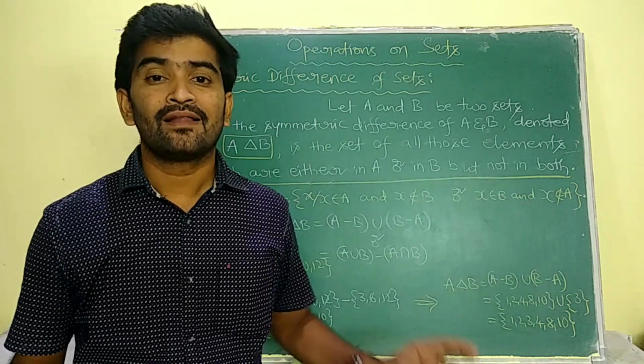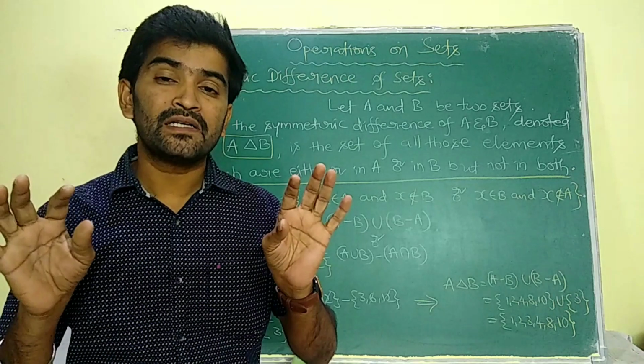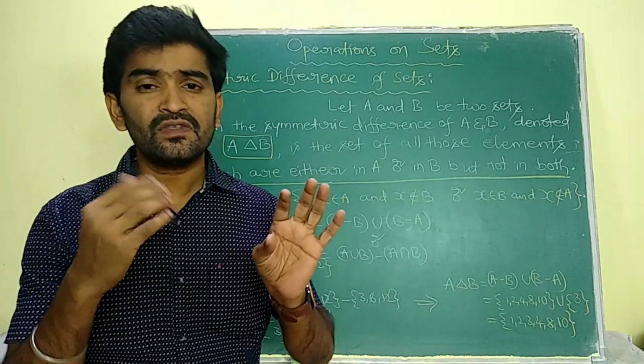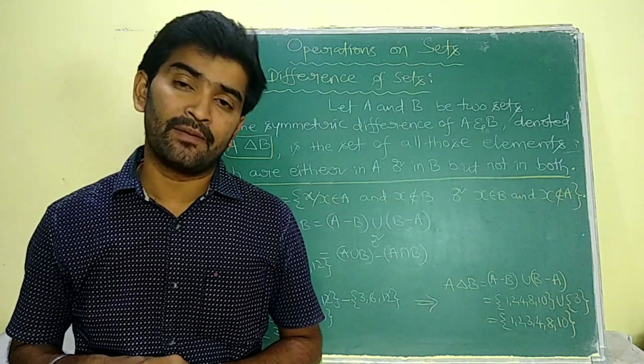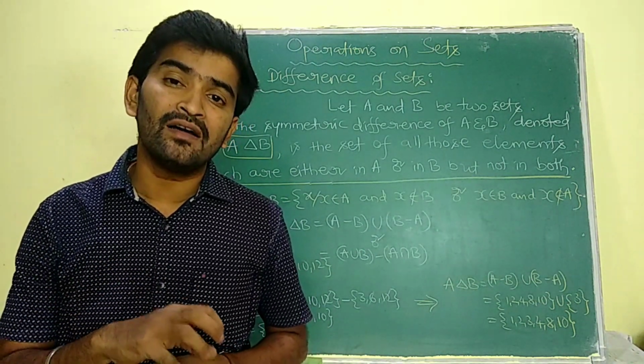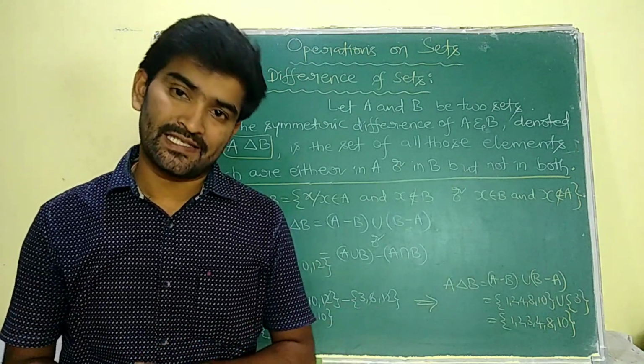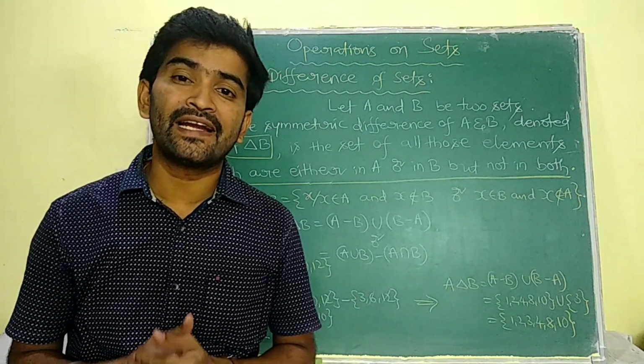That simply indicates we have to remove all the intersection elements from the union set. That is our A delta B.